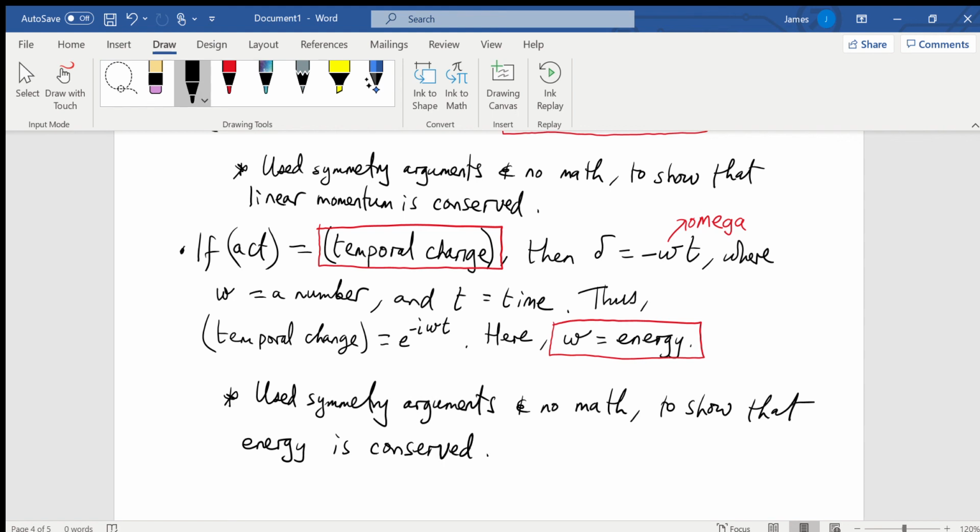Okay, so I have other videos where we do use math to show the same thing, but this is showing in a fundamental way that energy is conserved. And that is the end of this video. Hope you liked it.